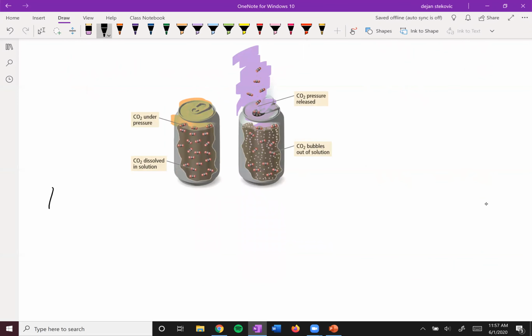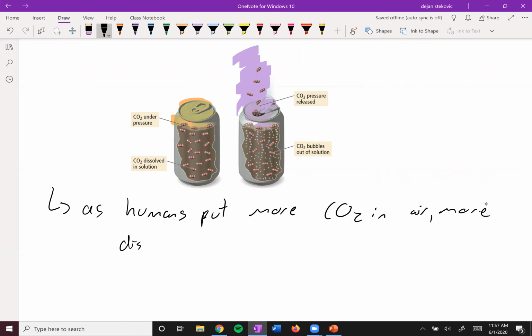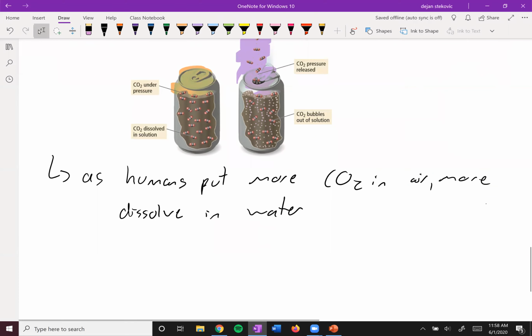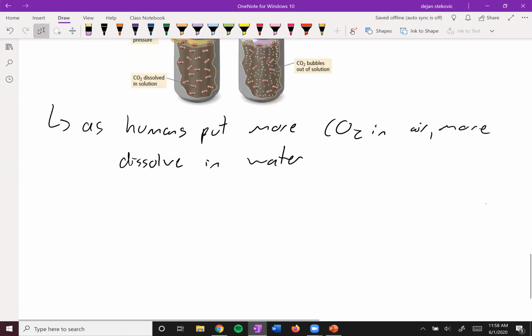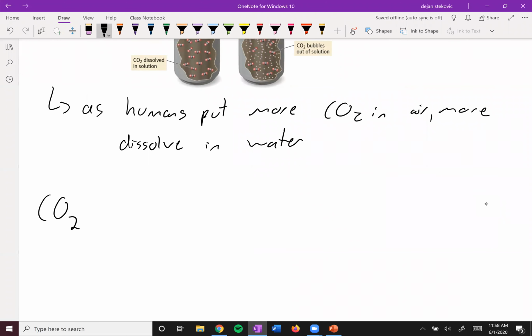So we're kind of talking about environmental effects. Here's a bit of a double whammy. As humans put more CO2 in the air, more will dissolve in water. As we're putting more CO2 in the air, we're increasing its partial pressure, thus we're increasing its solubility in water. This is a big issue because when carbon dioxide and water interact with one another, they form H2CO3. This is what's known as carbonic acid.